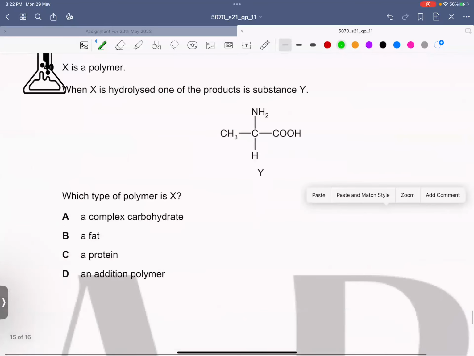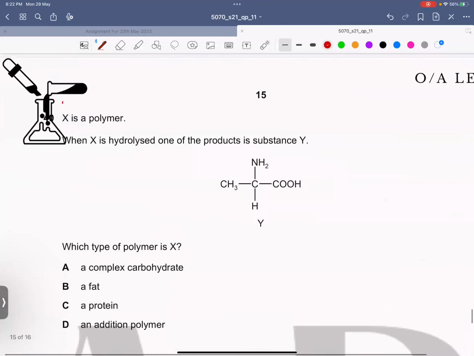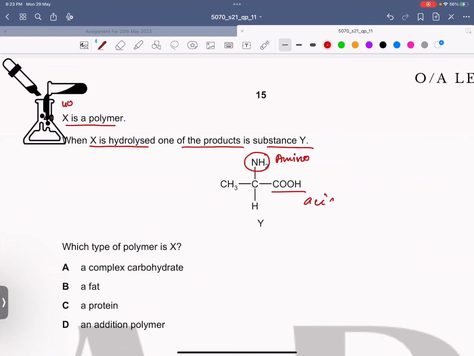Now question number 40. X is a polymer. When X is hydrolyzed, one of the products is a substance Y. If you look at this substance Y, here you have an amine group, and here we have an acid group.